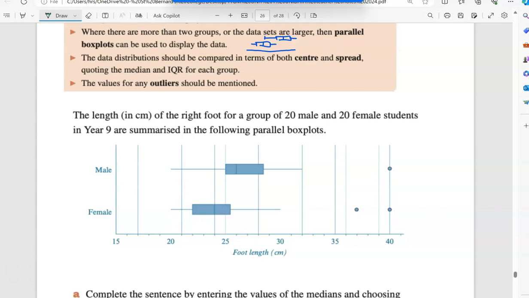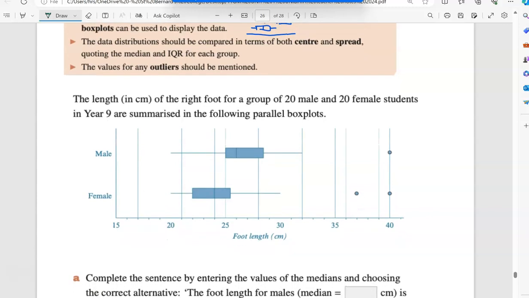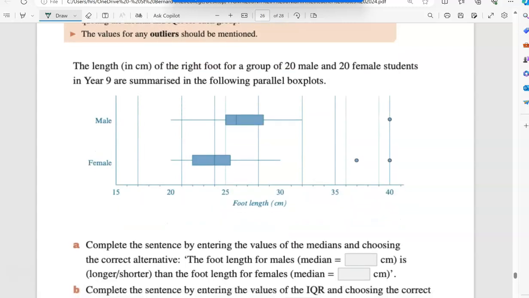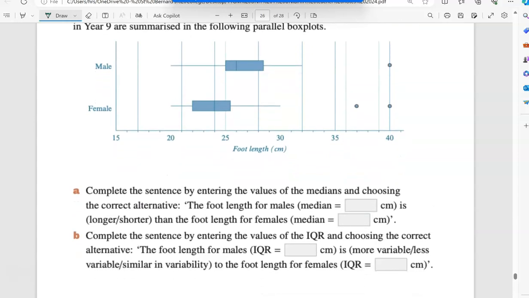You can't just say the men's length of foot was larger or bigger or more than the females. You need to put a stat in there. So a statistic is the other thing we're looking for. I would say that the median foot length for males was higher than females, and then I'll quote the stat.